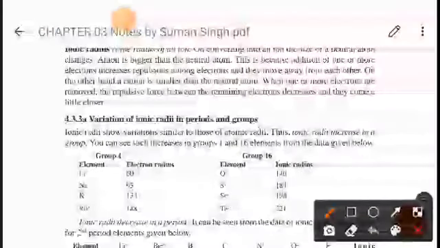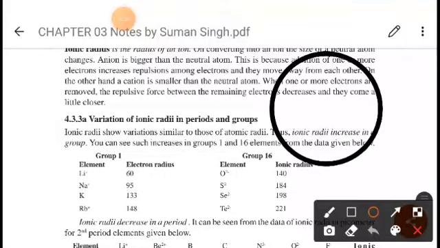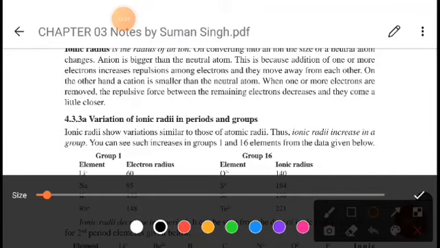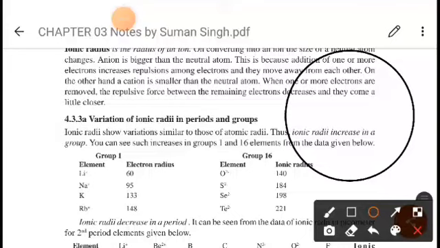See here, what will be the ionic radius? Let me make it a little bit smaller. Suppose this one, and this one just touching this. As we know, I have drawn this. The smaller one is the cation, right? And the bigger one is the anion, we all know that. And what will be the distance here?